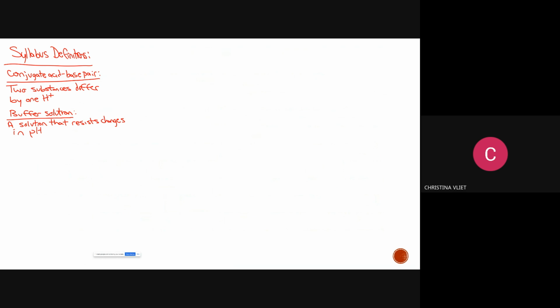The second point is to say when small amounts of acid or alkali are added. And if you wanted to say less, you can say H plus or OH minus are added.